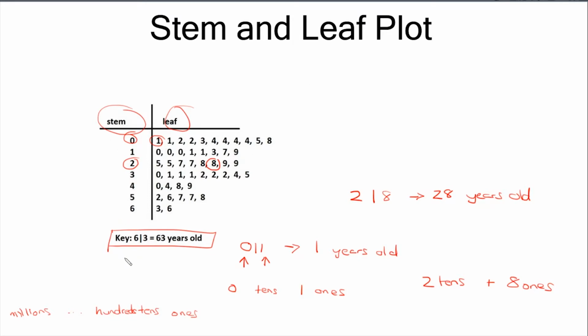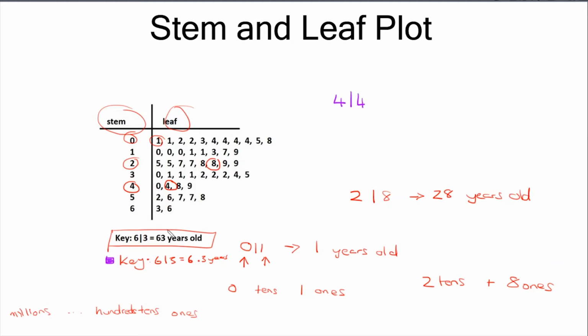So let's say our key was 6, 3 is equal to 6.3 years old. What would we have there? Let's look at this example. I'll change the color so we represent a new key. So say that this is our new key color. We'll go with 4 and 4.